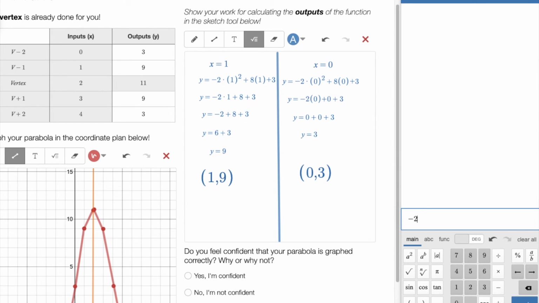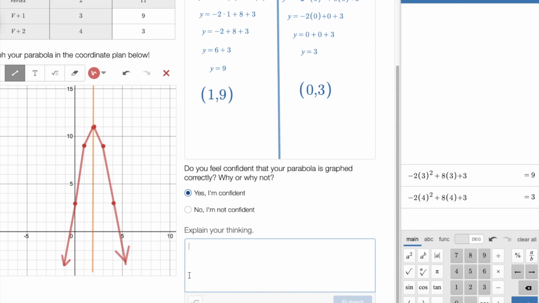So -2 times, again, including parentheses, 3 squared plus 8 times 3 plus 3, and my output is 9. So I've actually confirmed now that substituting in 3 will produce 9. And then -2 times, again, including parentheses, 4 squared plus 8 times 4 plus 3, and the output is 3.